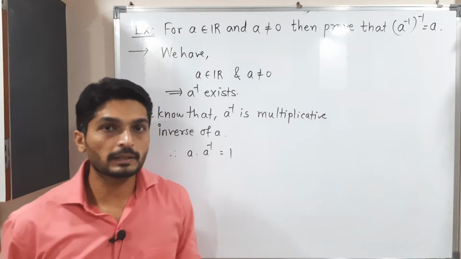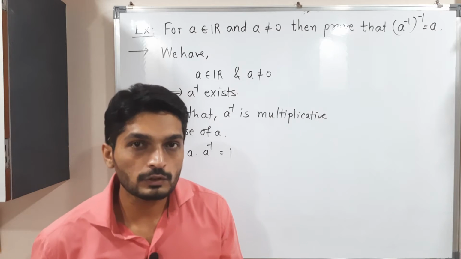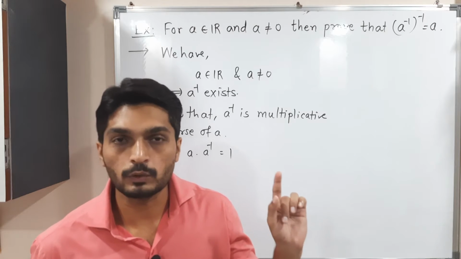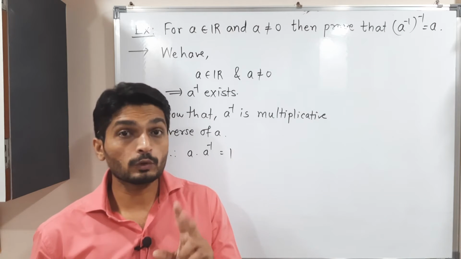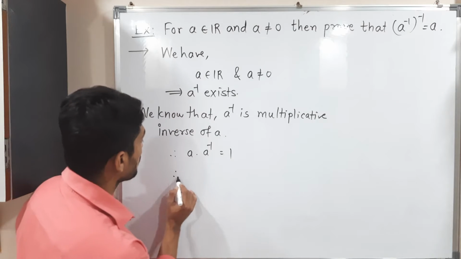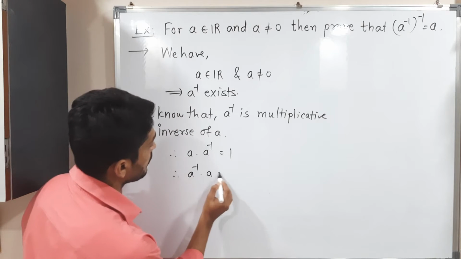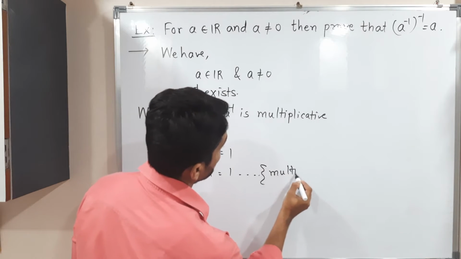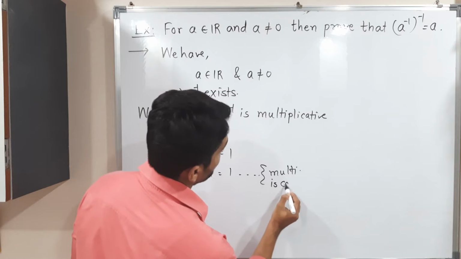So you know that multiplicative inverse. What is the multiplicative inverse of 5? 1 by 5 obviously. So 5 into 1 by 5 is equal to 1. But we know the property of multiplication, it is commutative. You can interchange. So therefore a inverse into a is equal to 1 because multiplication is commutative.